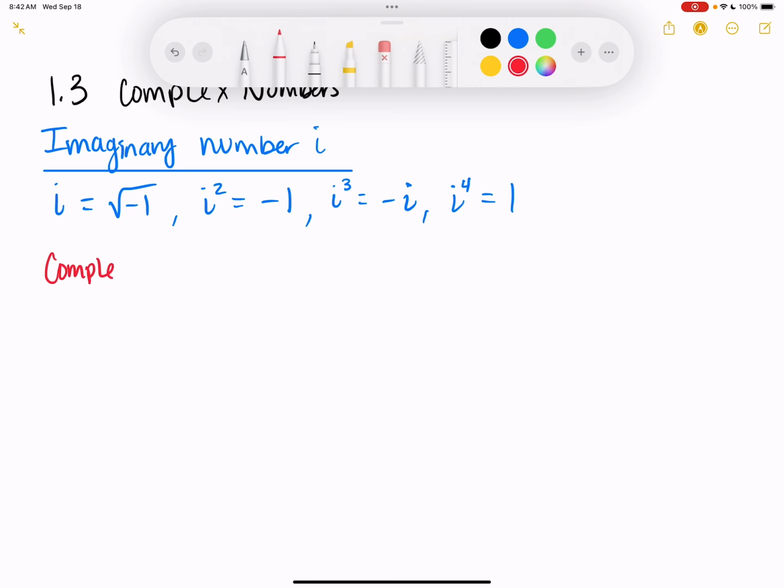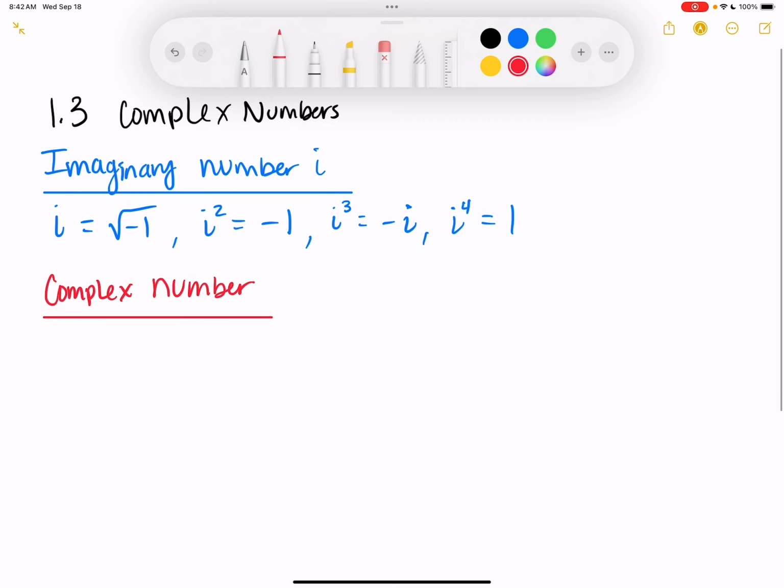A complex number is a plus bi. This is what we call standard form. A is the real part.